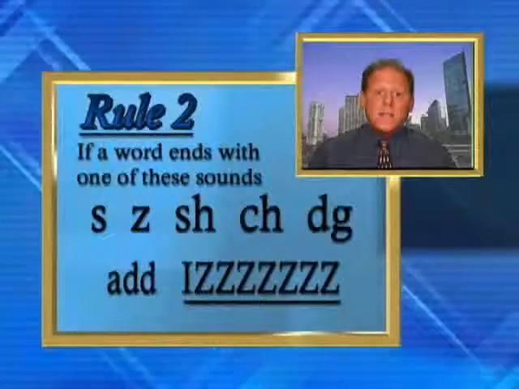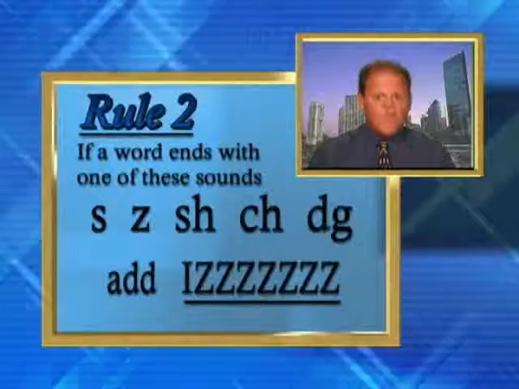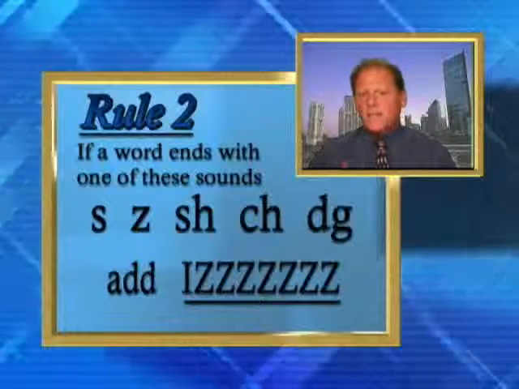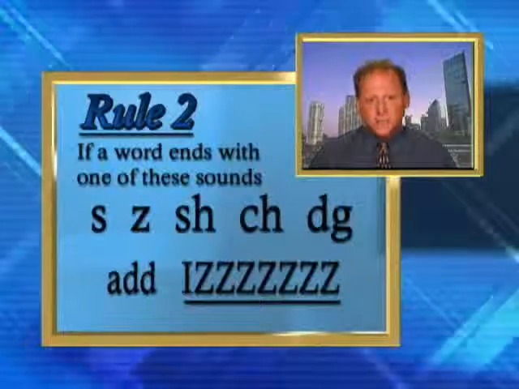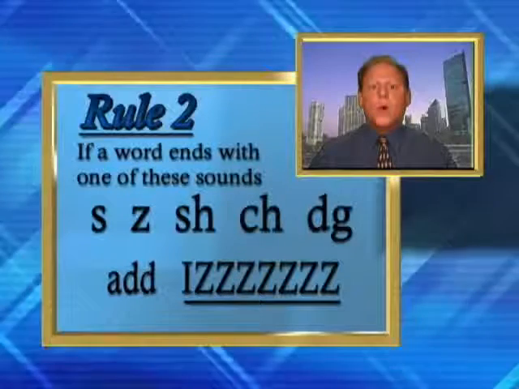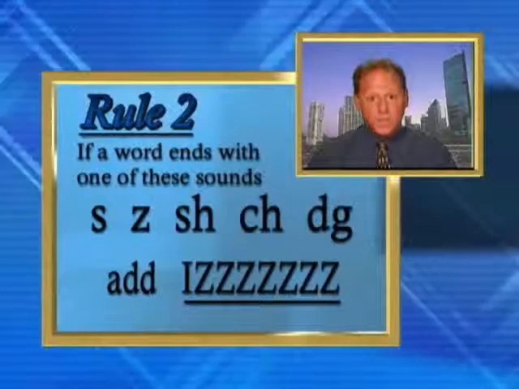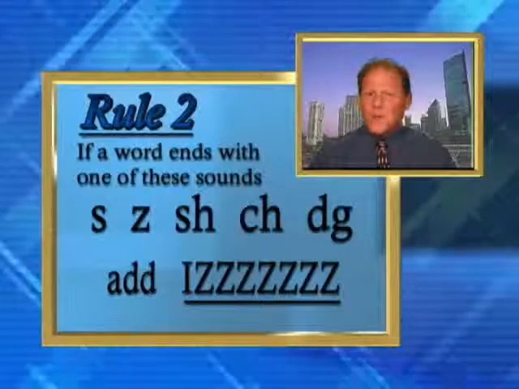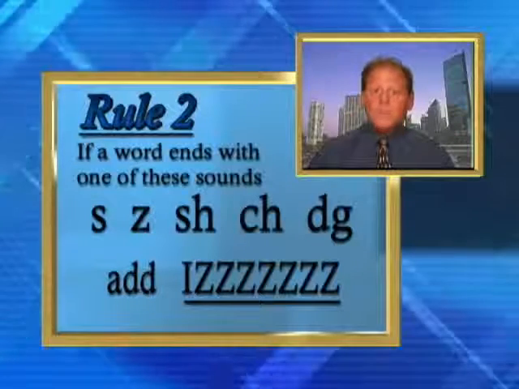But on rule number 2, now this one you probably do not do, so pay close attention to this rule. When adding an S to a word to make it plural, if a word ends with any of these sounds, S, Z, Sh, Ch, or J, as in judge, and don't worry, you really don't need to memorize this. It will become automatic.